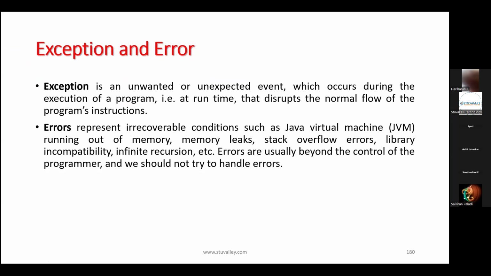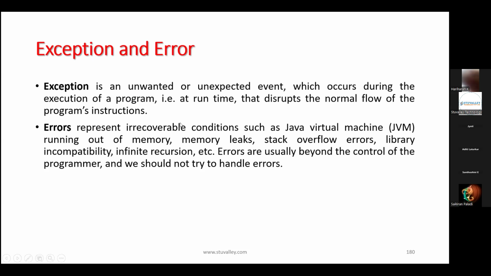These errors are usually beyond the control of the developer, and we should not try to handle them. But exceptions we can handle, because they are due to our program.